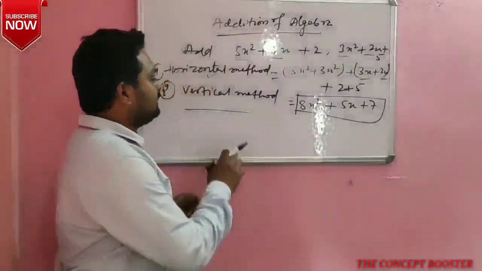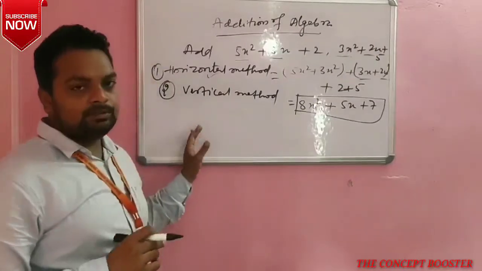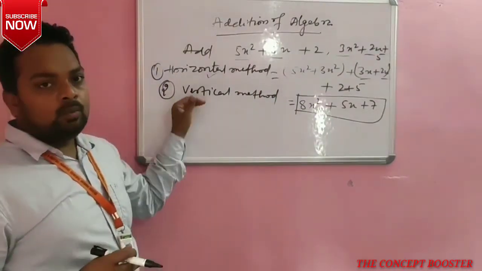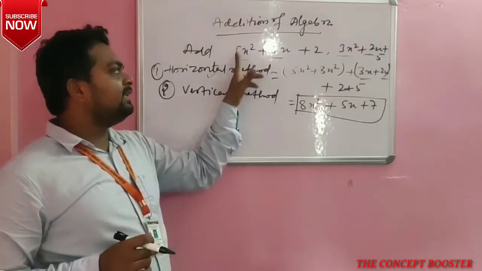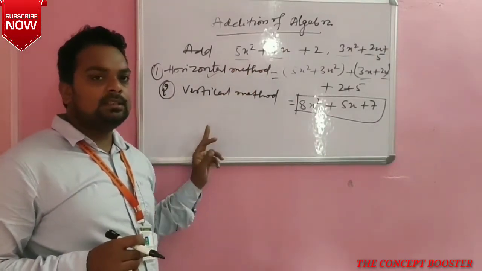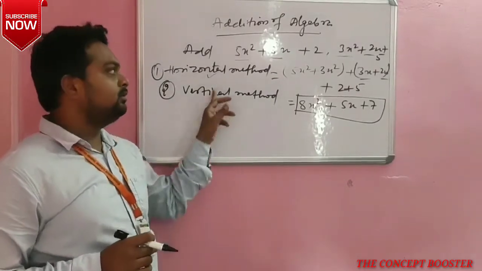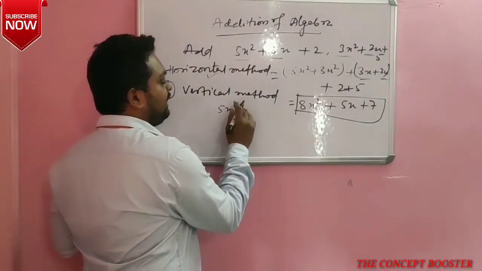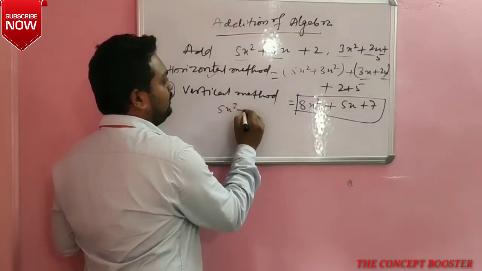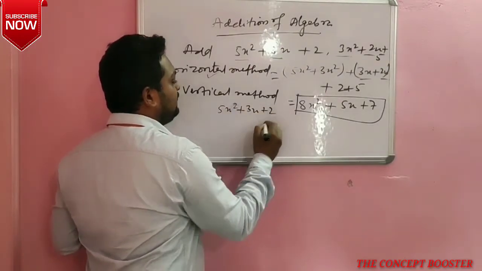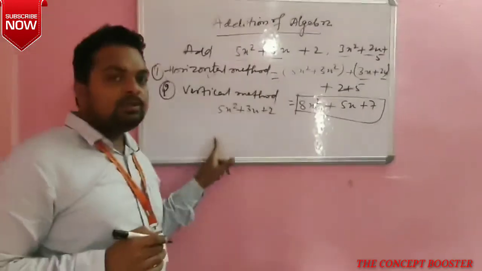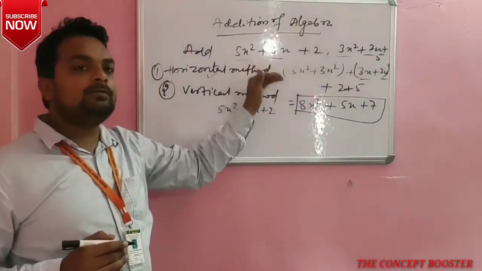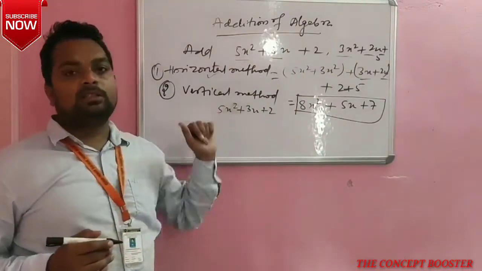Okay, now with the vertical method, how can you do this? In the vertical method, just simply write the expressions in a vertical manner, and keep in mind that like terms are written right in front of the like terms, like 5x square, 3x plus 2, and below the 5x square you have to write 3x square, means like terms will always be written just below the like terms.